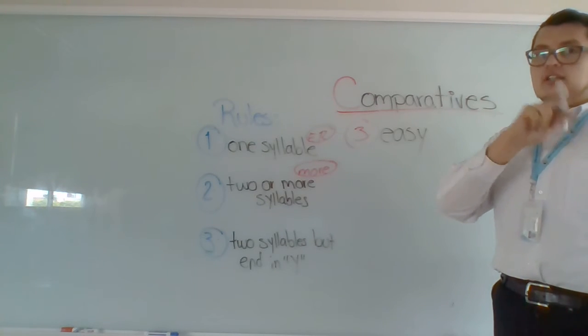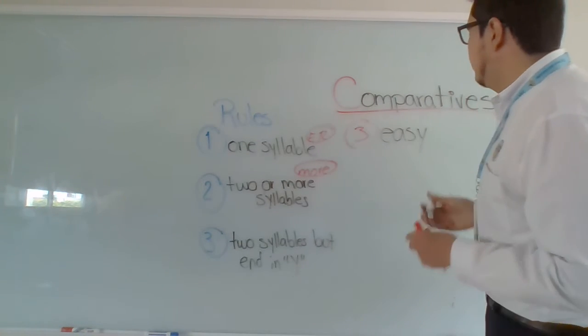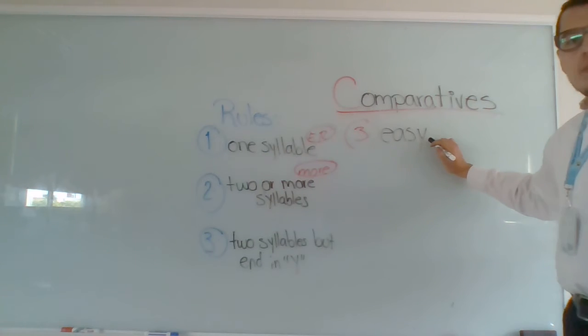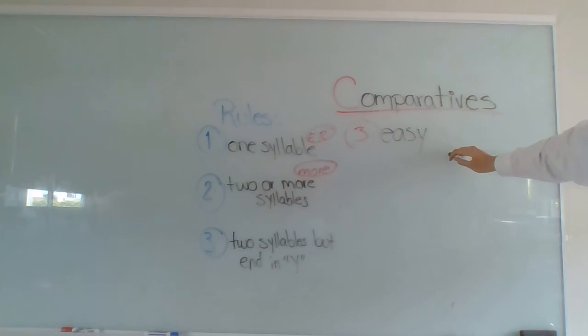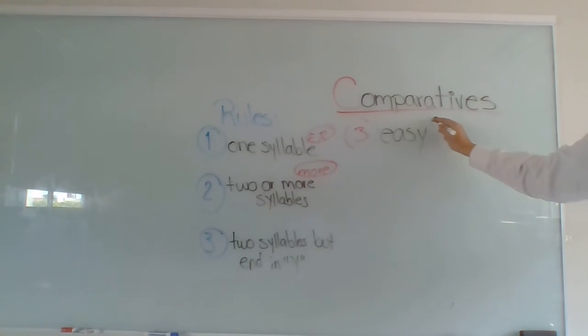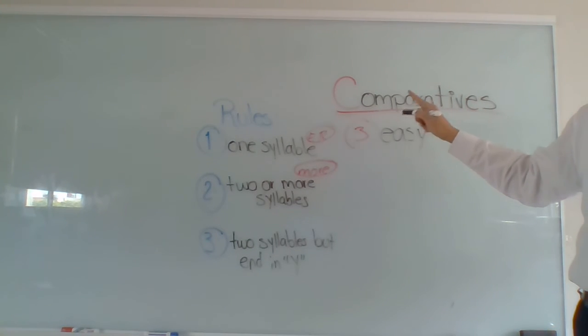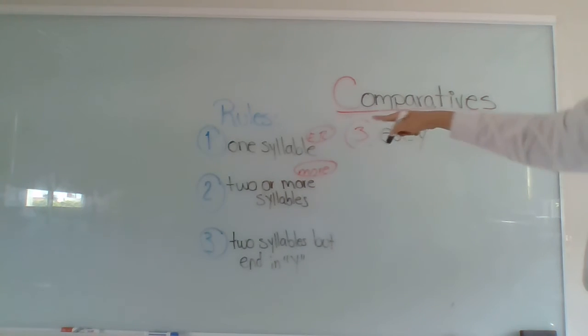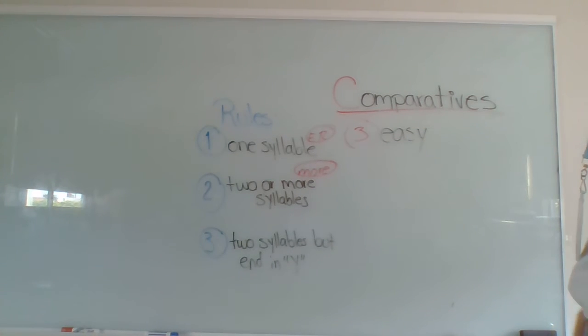Easy. 2 syllables. What do we do? In this case, we need to remove the Y, change it for I, and we follow the first rule, the ER rule.